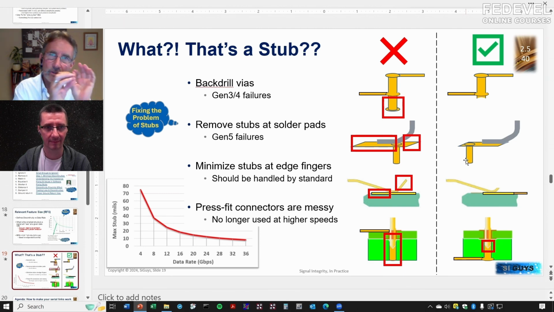Okay, so again, you have to calibrate to what speed you're at, or you're gonna get more gray hair. You're gonna spend more time worrying about problems that aren't problems. Like we weren't thinking about that at Gen 3. Nobody thought about that.